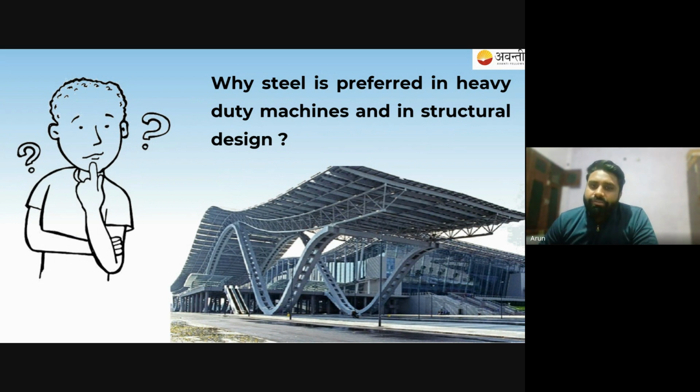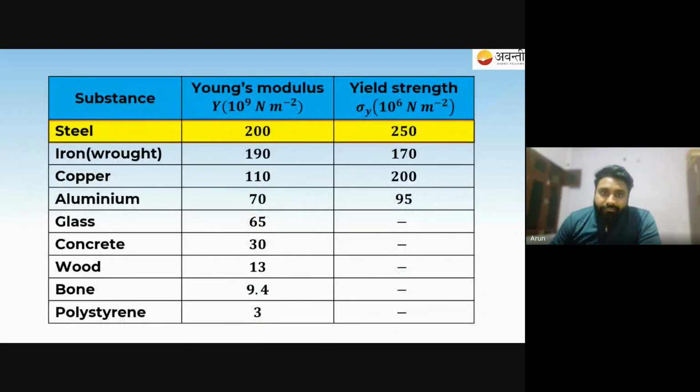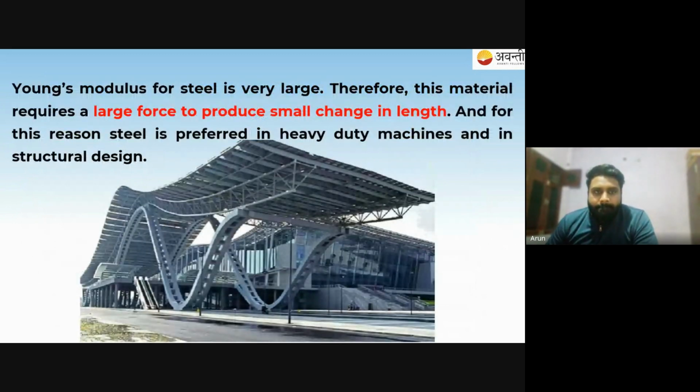That is why we use it in structural design and heavy duty machines, because it has a very high Young's modulus of elasticity and yield strength. The Young's modulus for steel is very large, therefore this material requires a large force to produce a small change in length. For this reason, we prefer steel in heavy duty machines and structural designs.